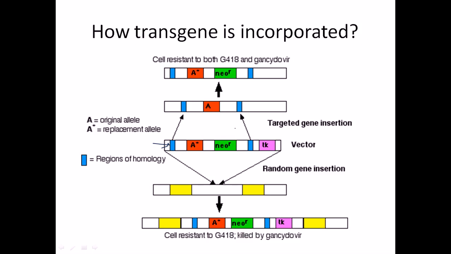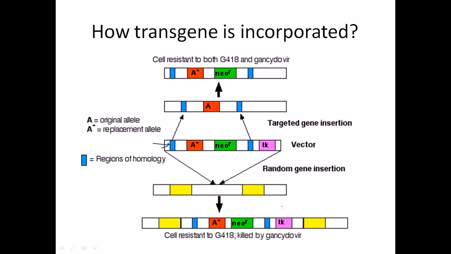Now, regarding insertion, we can also have random insertion, where the vector with neomycin resistance, TK, or the A star gene is inserted inside the desired gene. In both ways they can be inserted, and that can change different properties of the organism.